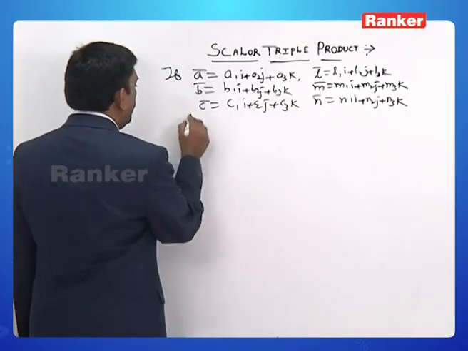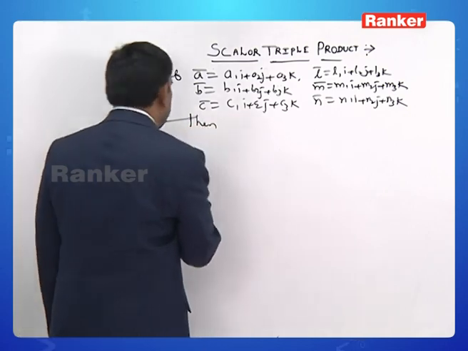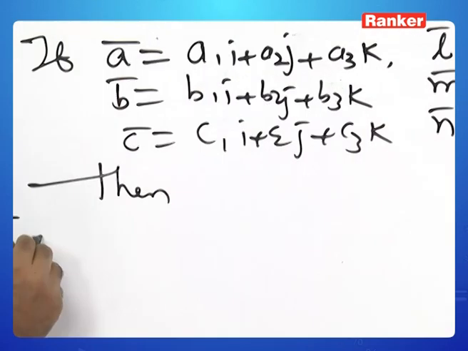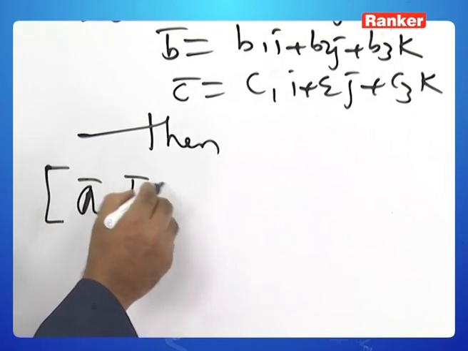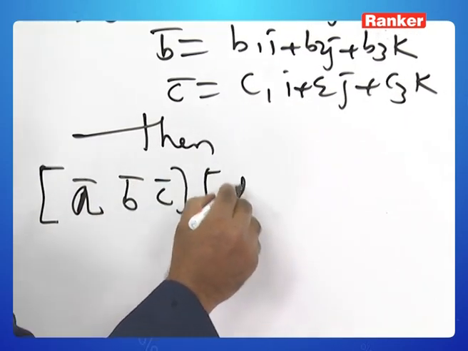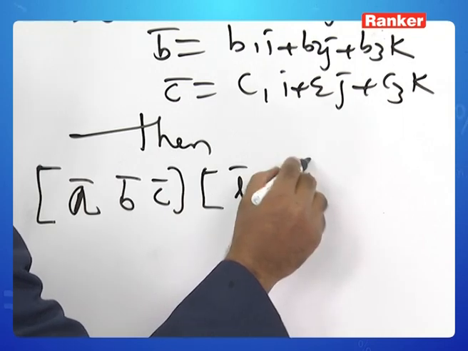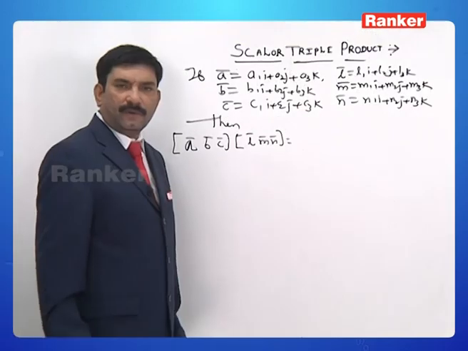Then I want the box of A bar, B bar, C bar into the box of L bar, M bar, N bar, right?